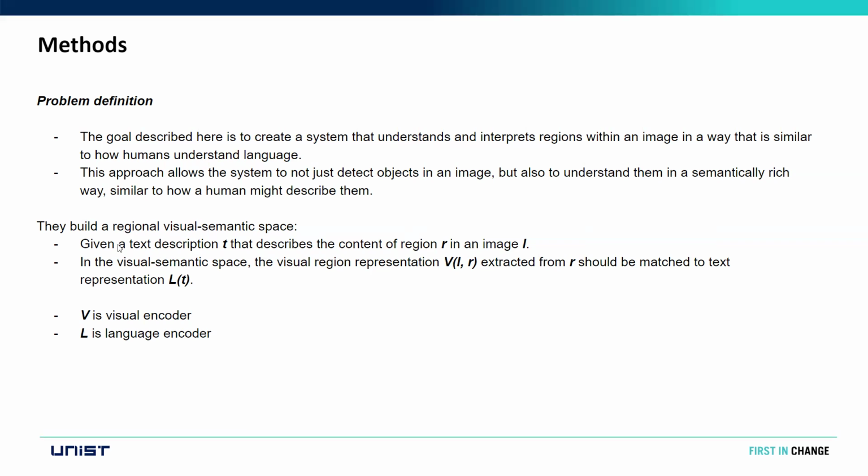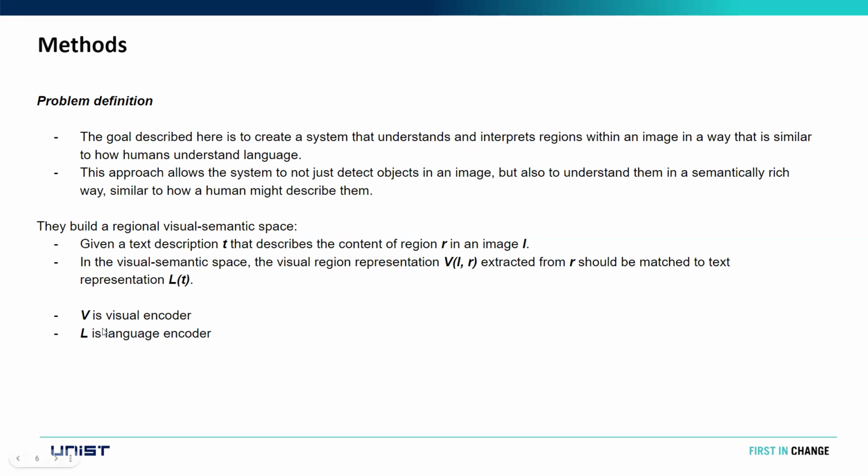Given the description for a region of the image I, in the visual semantic space, the visual region representation extracted from the given region of the image should match the language representation.